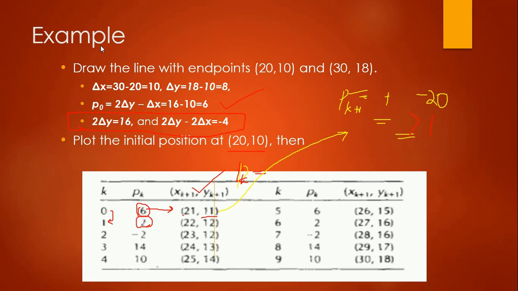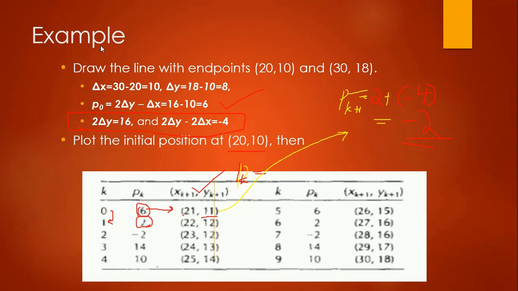Now again you have to calculate the Pk value. What is the formula? Pk value is 2. You have 2 delta y minus 2 delta x, which is minus 4, so you get minus 2.